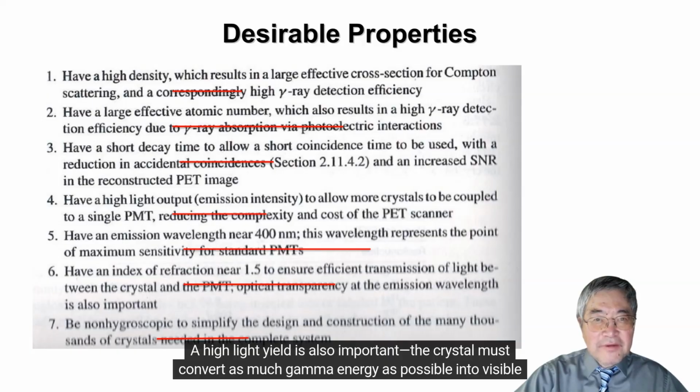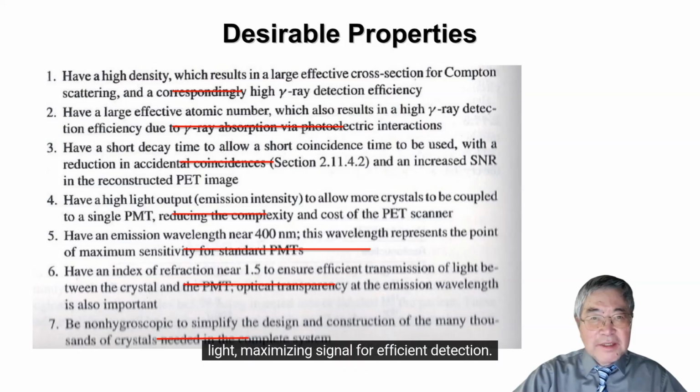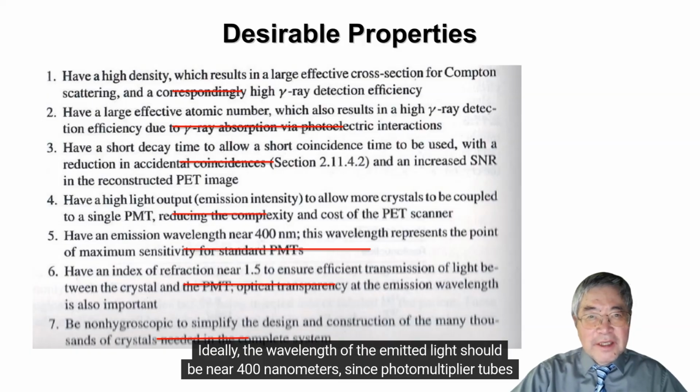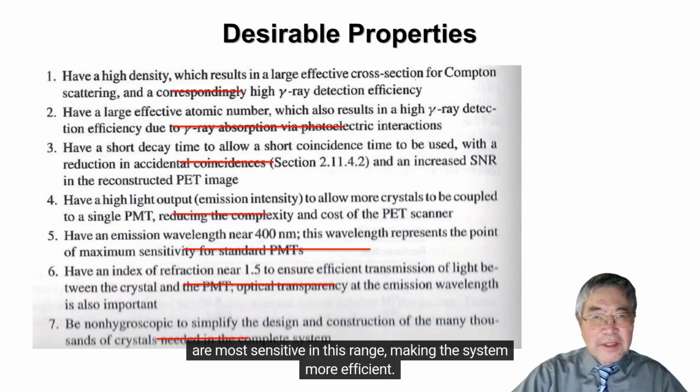The crystal must convert as much gamma energy as possible into visible light, maximizing signal for efficient detection. Ideally, the wavelength of the emitted light should be near 400 nanometers, since photomultiplier tubes are most sensitive in this range, making the system more efficient.